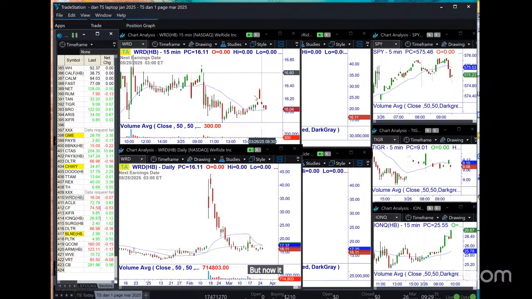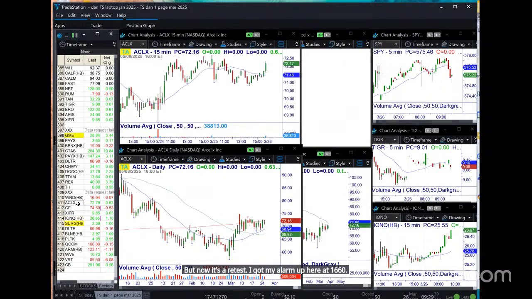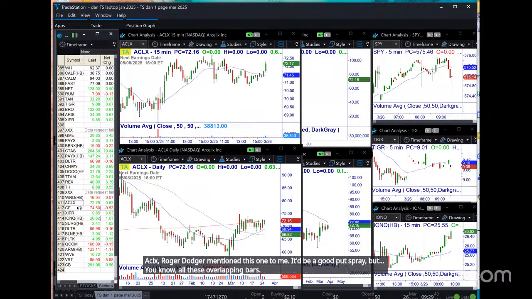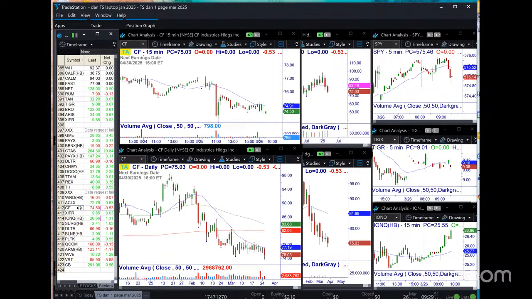I got my alarm up here at 1660. ACLX, Roger Dodger mentioned this one to me. It'd be a good put spread, but look at all these overlapping bars. Charlie Foxtrot, a short watch, closing breakdown.